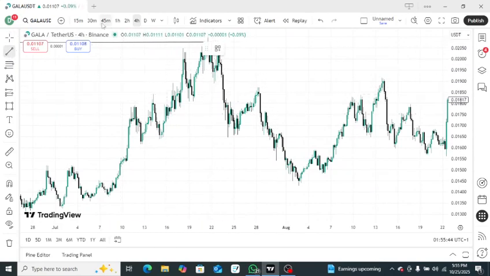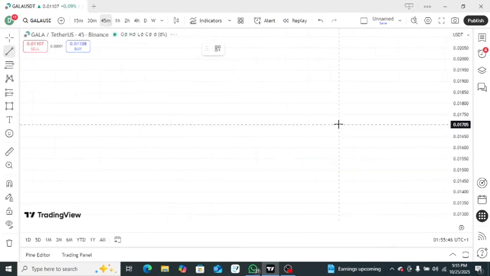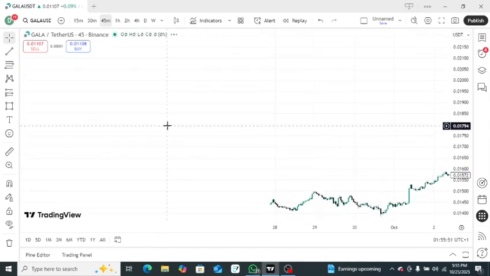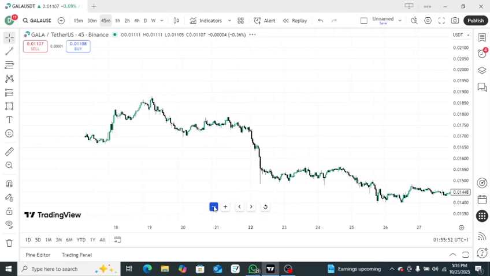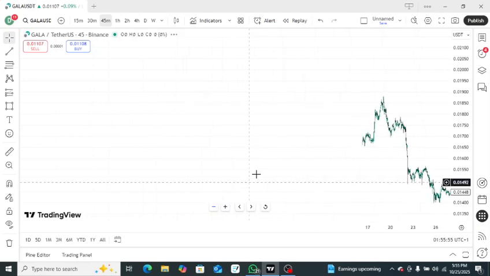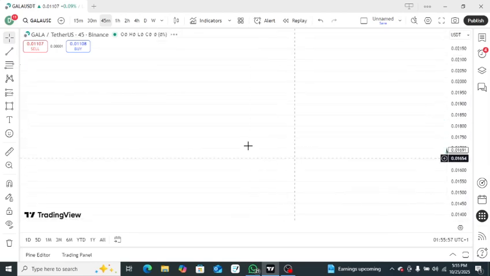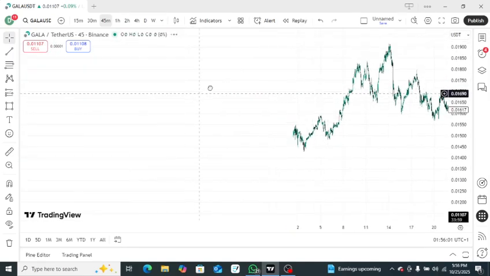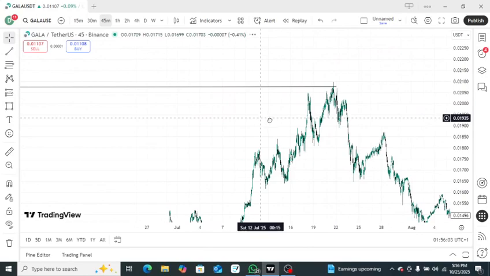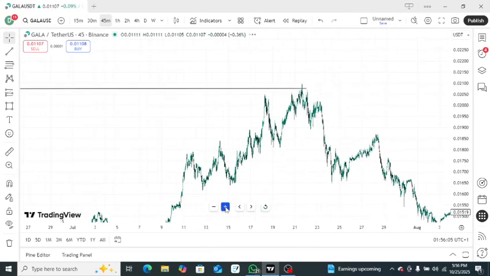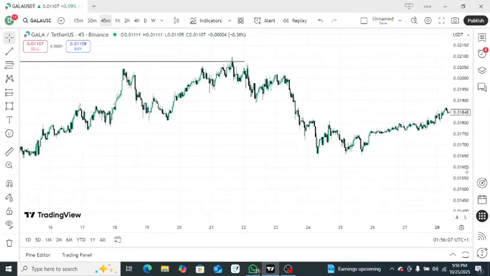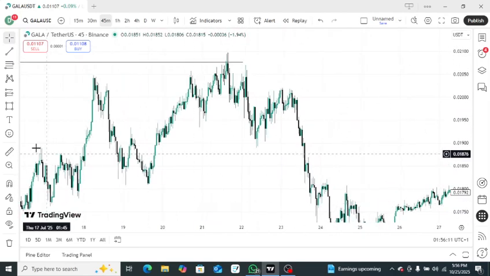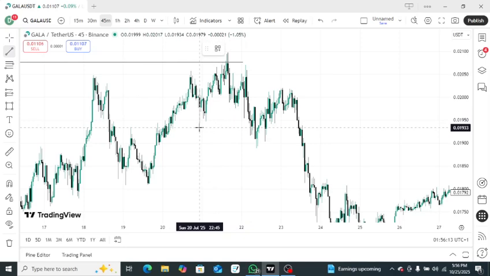I went to the lower time frame. Let me make it bigger so I can get it faster. If you look closely, you will see that we had a market structure shift from this level here.